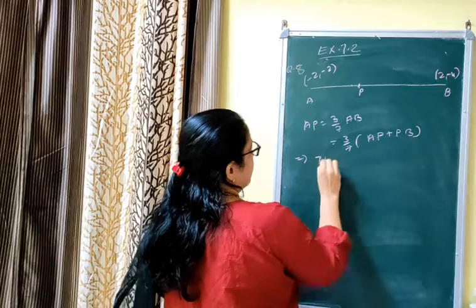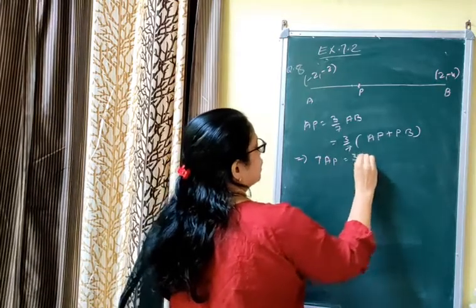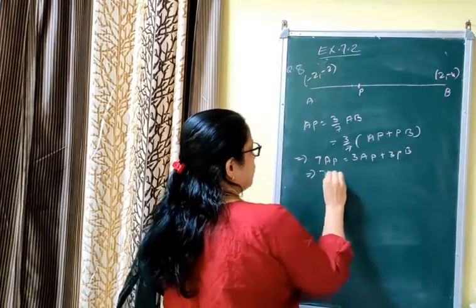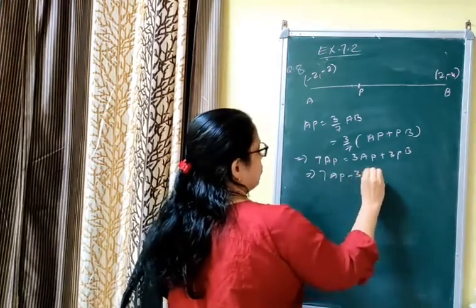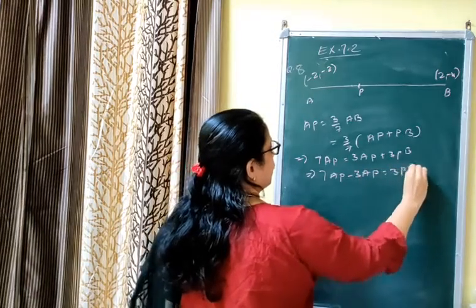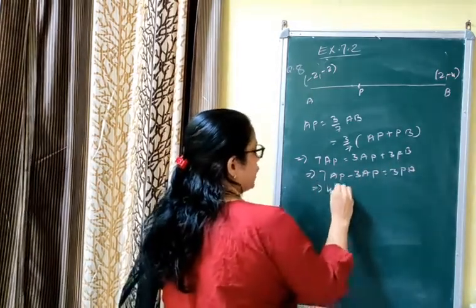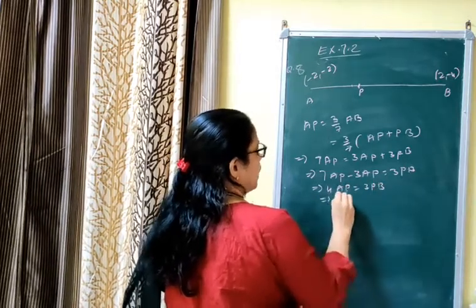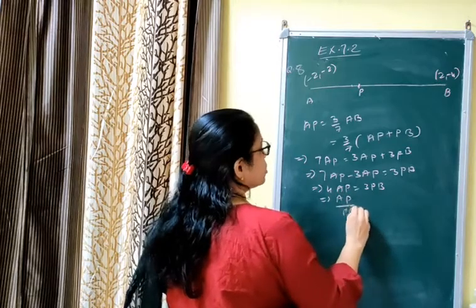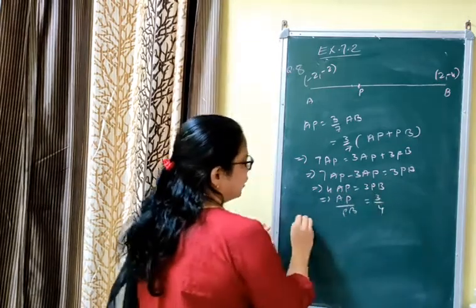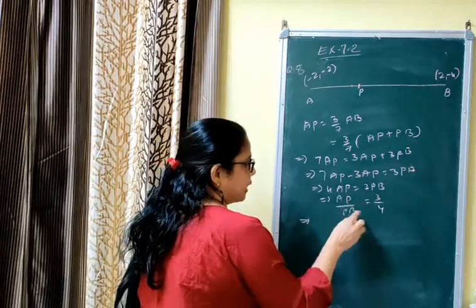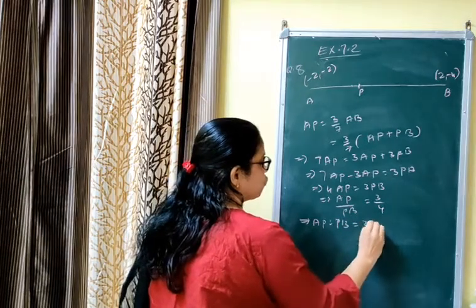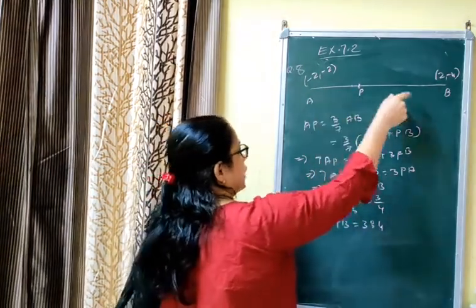Cross multiplication gives 7AP = 3AP + 3PB, which implies 7AP minus 3AP is equal to 3PB, so 4AP is equal to 3PB. This implies AP/PB is equal to 3/4. That means AP is smaller than PB. AP : PB is equal to 3 : 4, so we got the ratio between AP and PB.